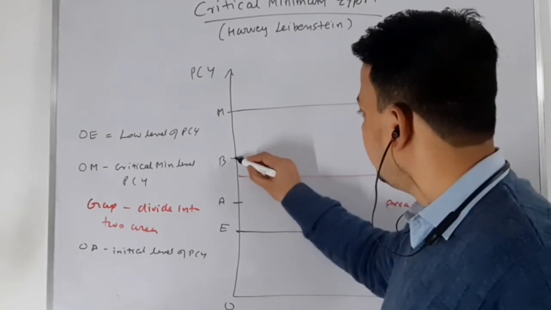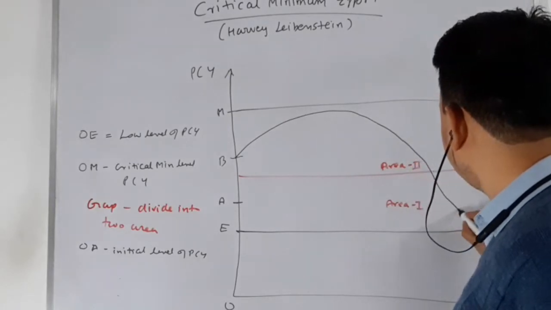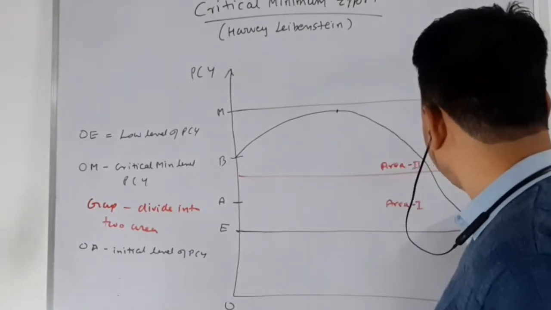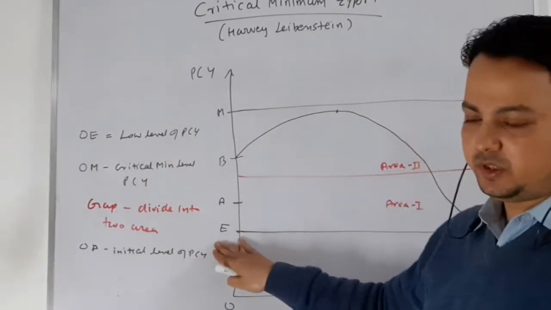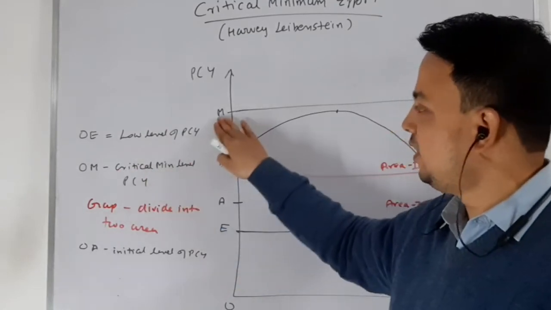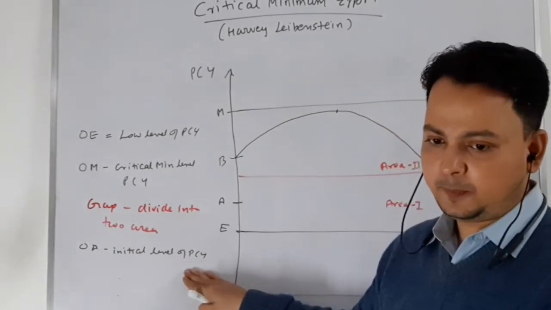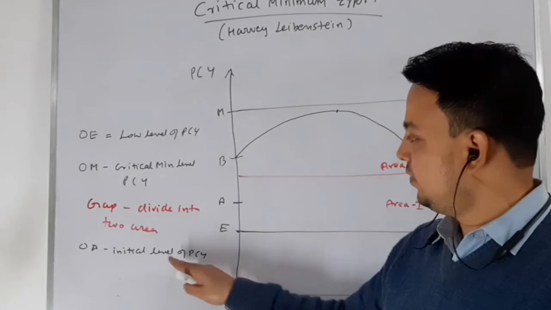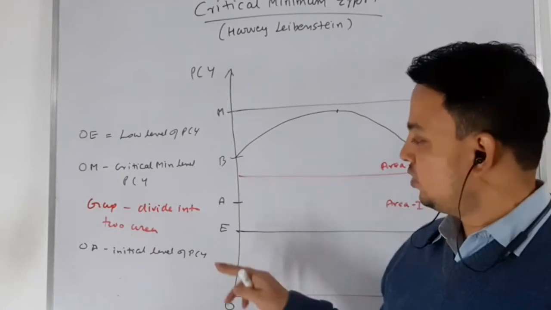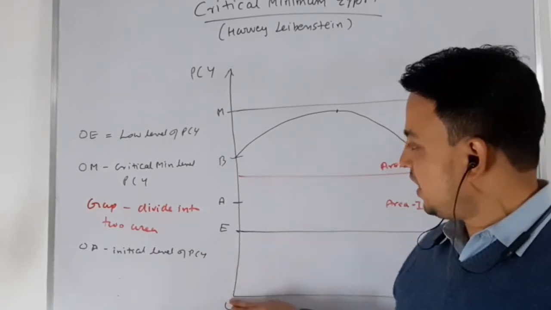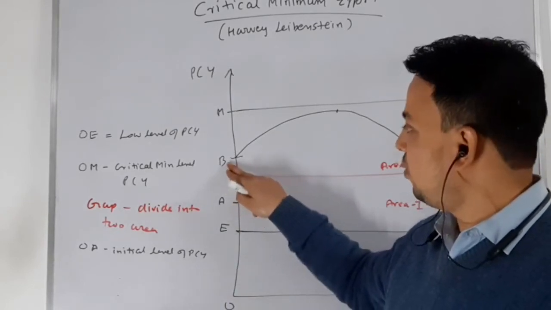Look at this curve. Let me draw this curve. What I am saying is that OE is your normal level of income. OM is your critical minimum level of per capita income. OA is your initial level of income. So initially we begin with income level OA. First we finance an injection. So the initial injection of investment increases my per capita income from OA to OB.